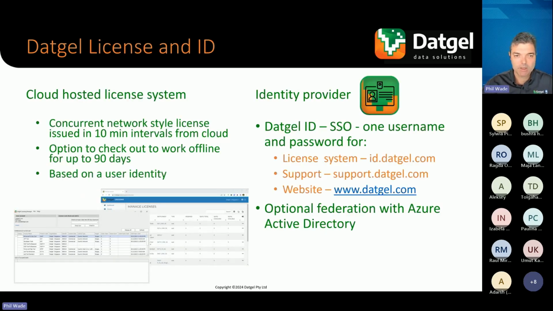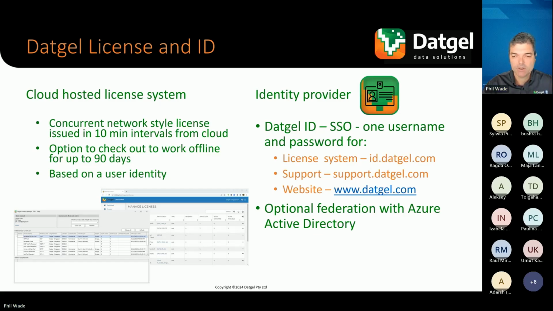Firstly, let's mention that Datgel has a cloud-hosted identity provider and a licensing system. Our identity provider allows you to use one username and password to log into our licensing system, our website, and our support ticket system.